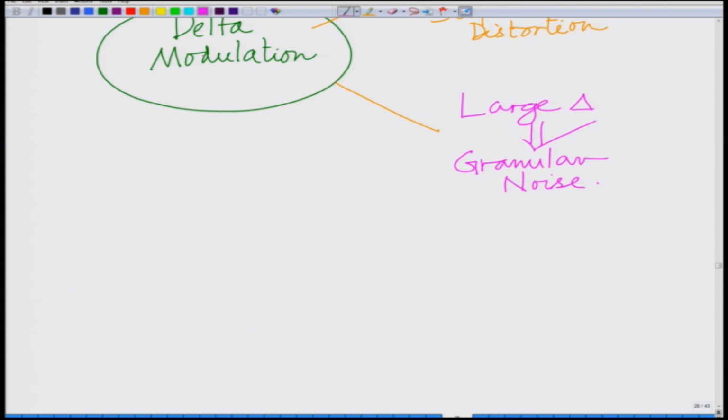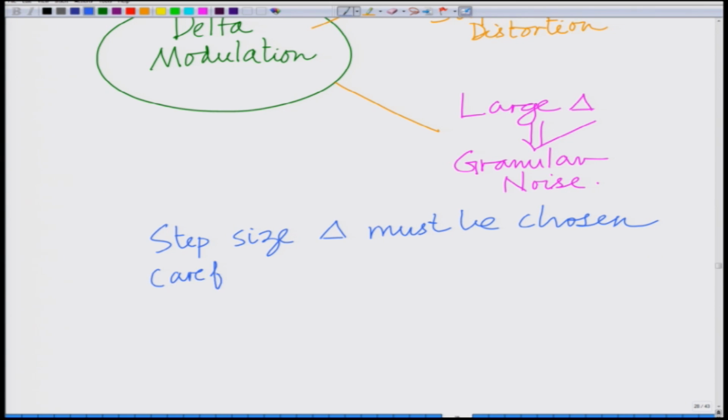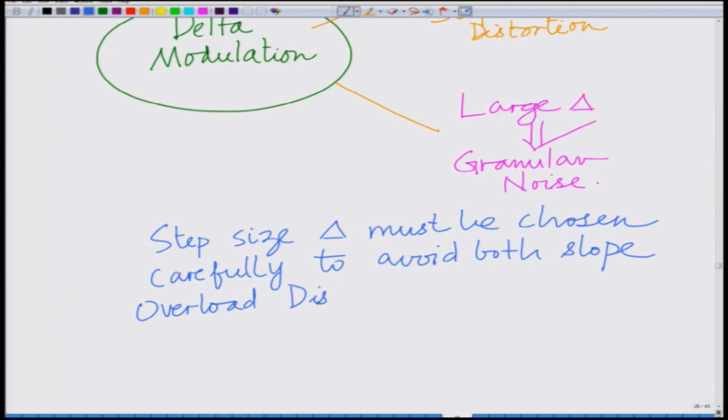So, the step size delta must be chosen carefully to avoid both slope overload distortion and granular noise.